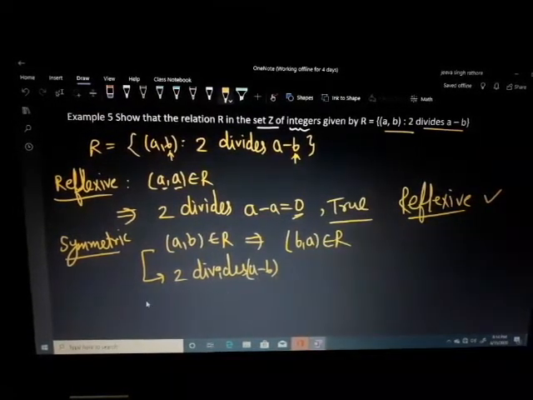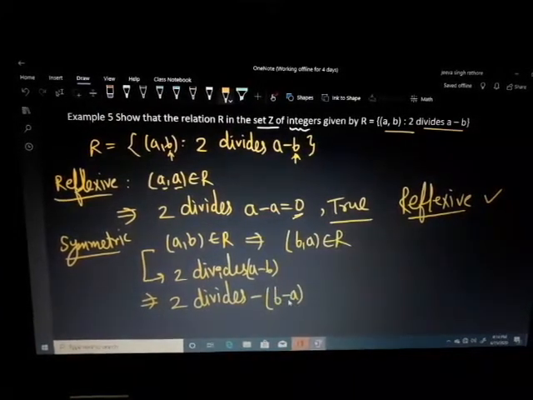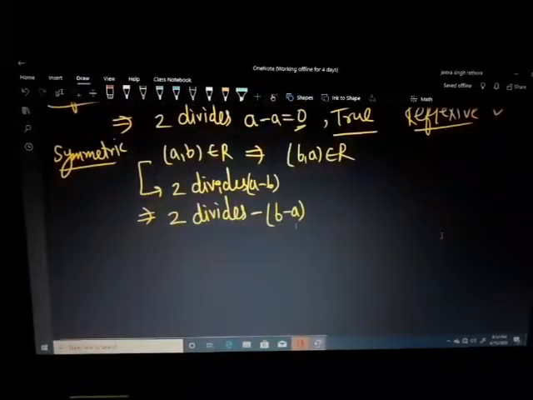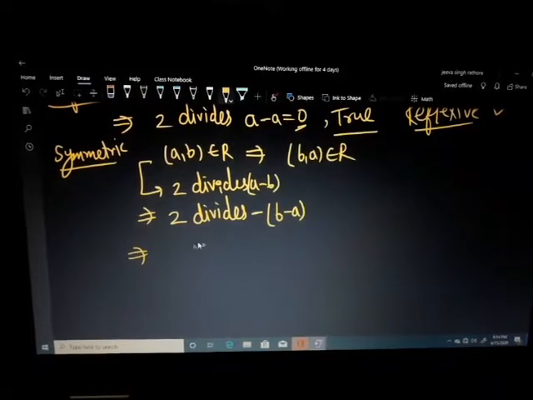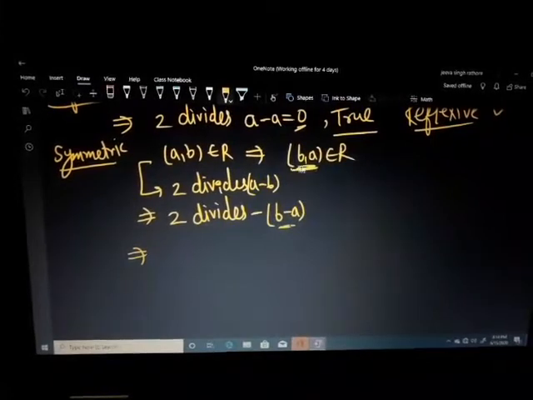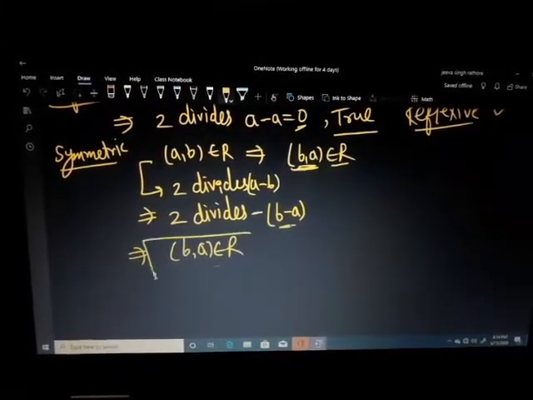I can write 2 divides, माइनस साइन कॉमन लीजिए, b minus a. That means this is also an integer. I can write (b, a), that means 2 divides b minus a. It means (b, a) belongs to R. We can write this is (b, a) also belongs to R. That means this is symmetric.